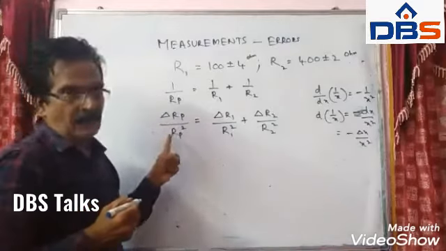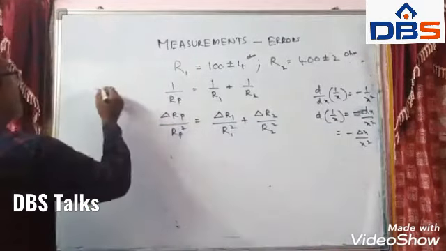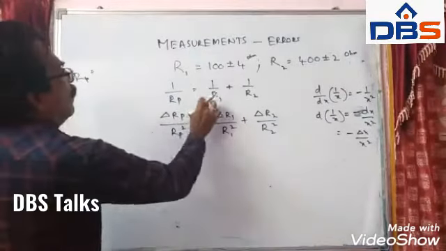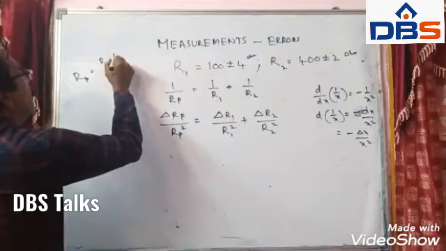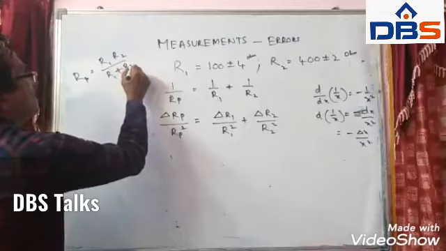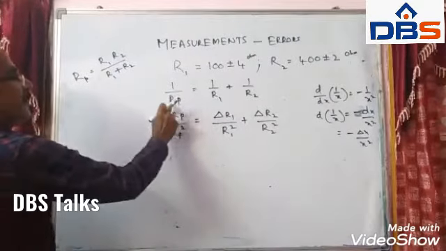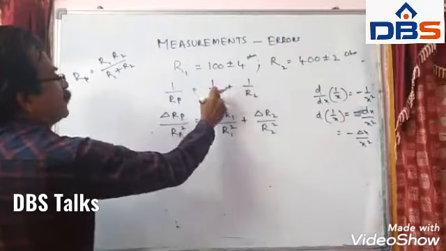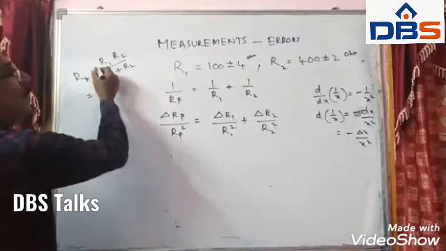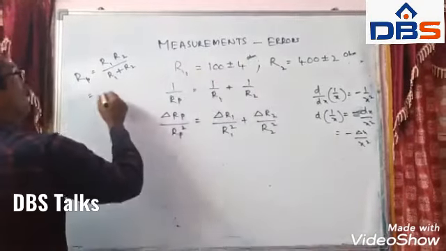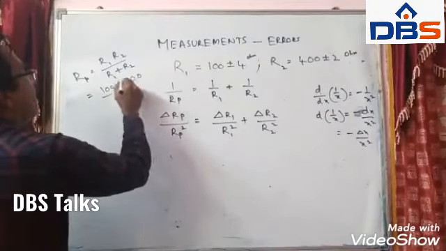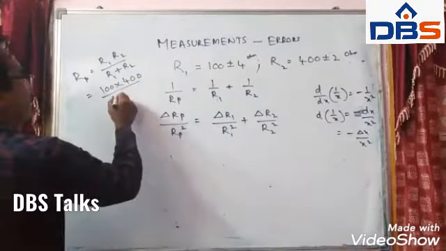First let us find Rp. Here Rp is equal to R1 R2 by R1 plus R2. Right friends? R1 100, R2 400. 100 into 400 by R1 plus R2, 500.